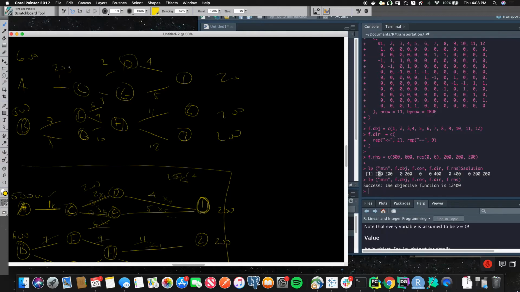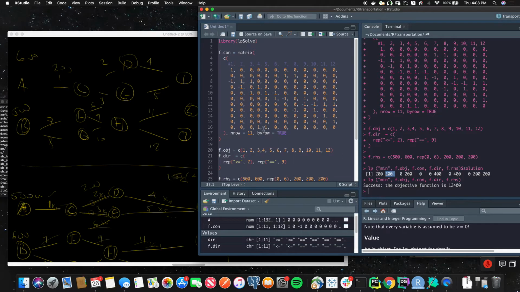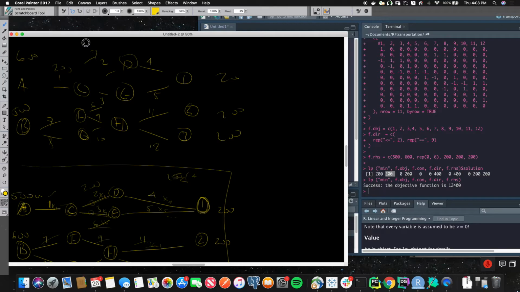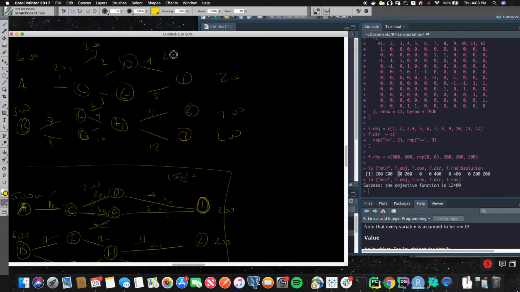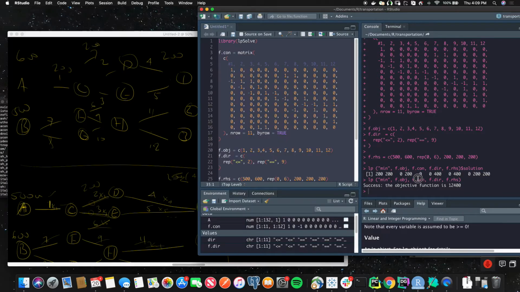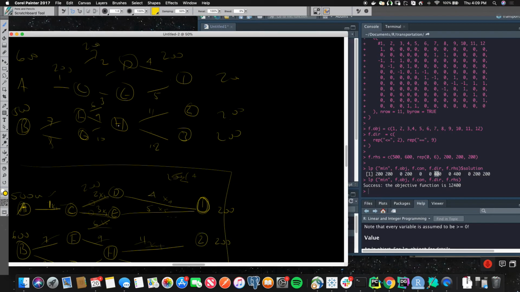All right, so 200 leaves x1, goes to x2, 200, which makes sense, right? x3 gets nothing. Nothing comes through x3. x4 gets 200, and that's that pathway. And then x4, x5, x6, x7. So 400 leaves x7, which makes sense, right?